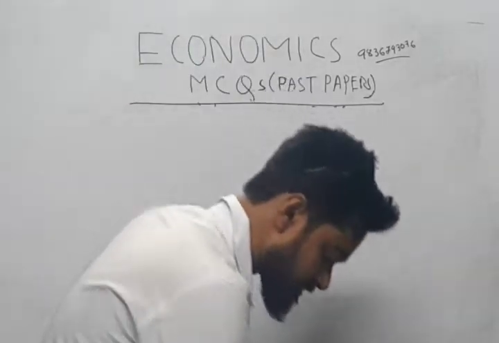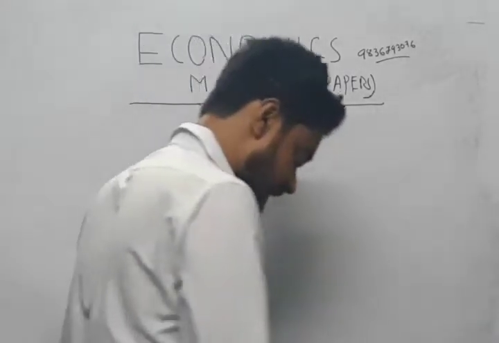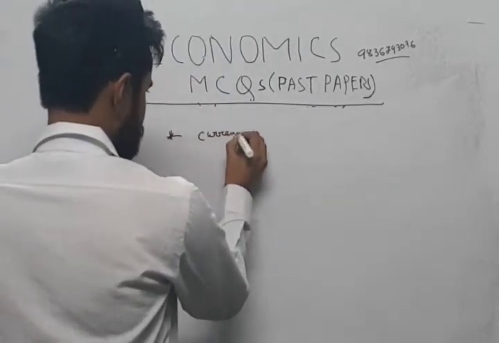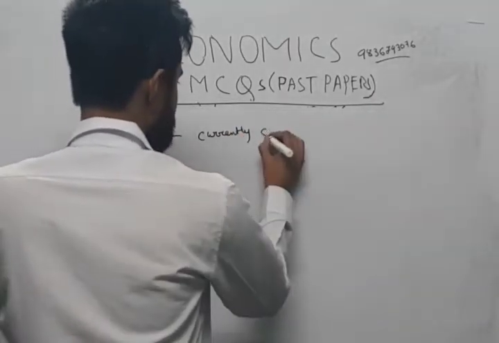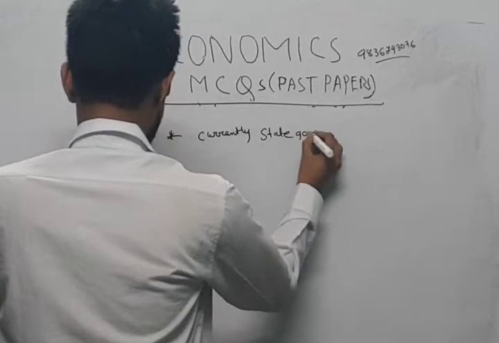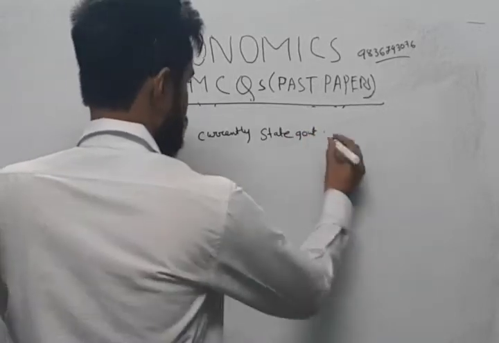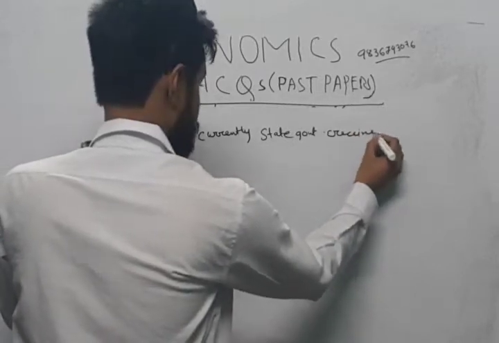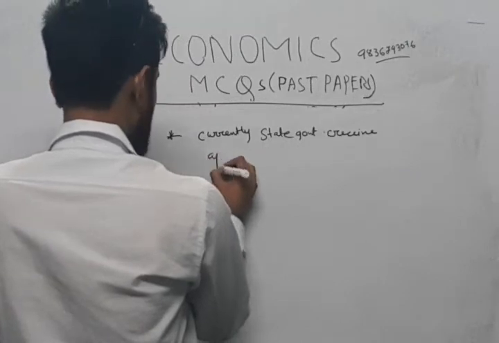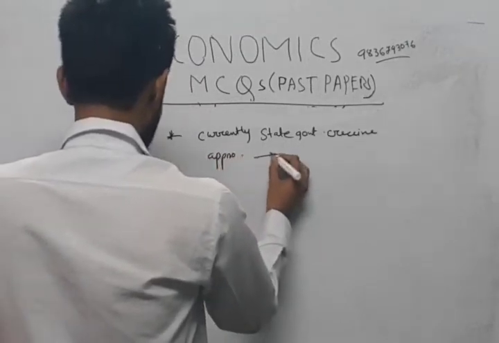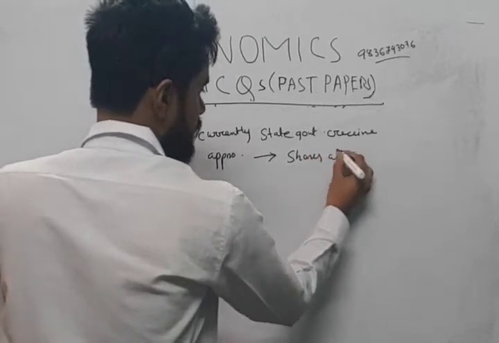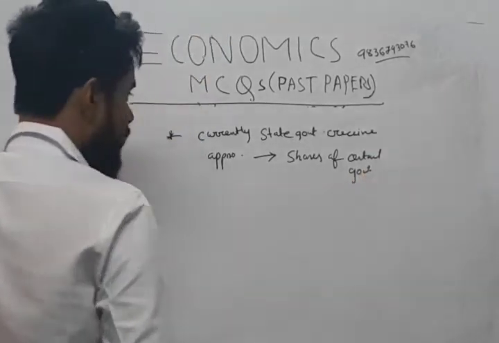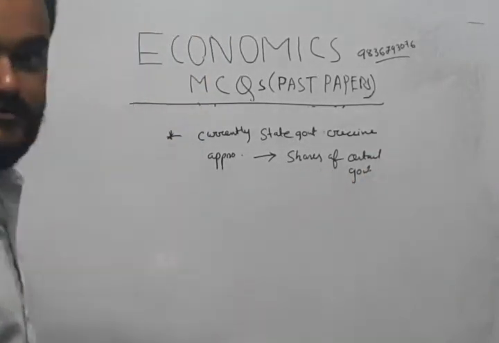So the question goes like this: currently, state governments receive approximately which of the following shares of central government's gross tax collection.